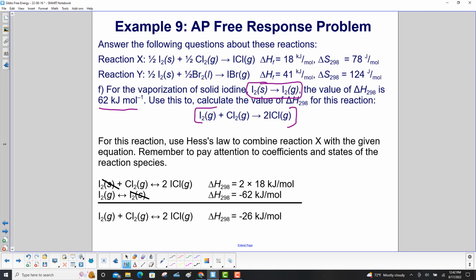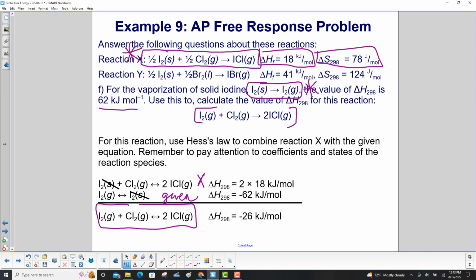Well, we're going to use Hess's law, and we've got reaction X up here with the delta H and the delta S. And we're going to combine reaction X right here with the given equation right over here. So here's X, here's the given equation, and when you add the two together, you get this equation here, which is what we were looking for.